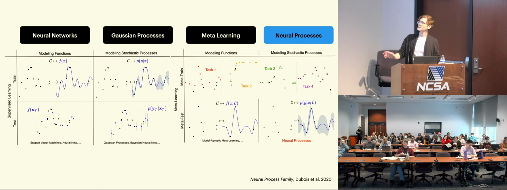And then on the right, we have this meta-learning family where we feed it in a number of tasks during training, and the meta-learning algorithm learns the underlying family of functions that can describe each task, and then can adapt at test time to whatever task it needs to perform. And neural processes is the analog to Gaussian processes in this case, where we're generating a probability distribution from this underlying function or family of functions.